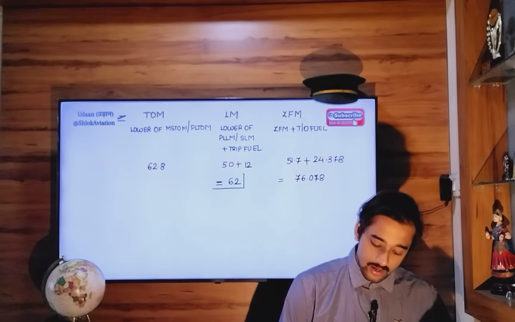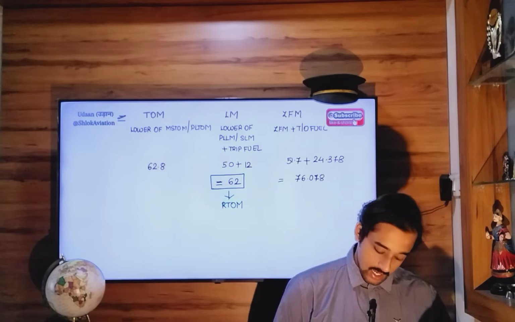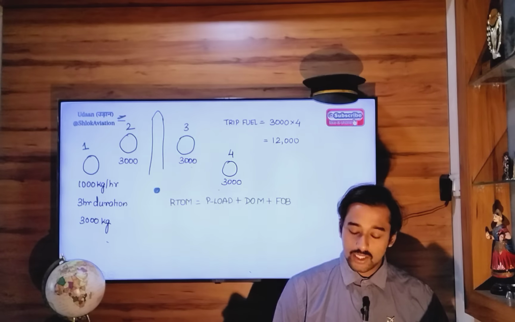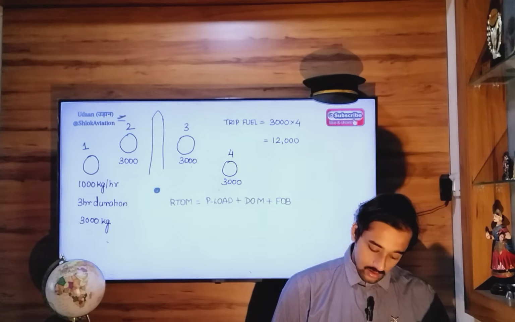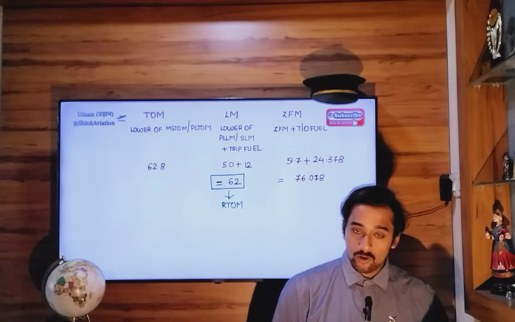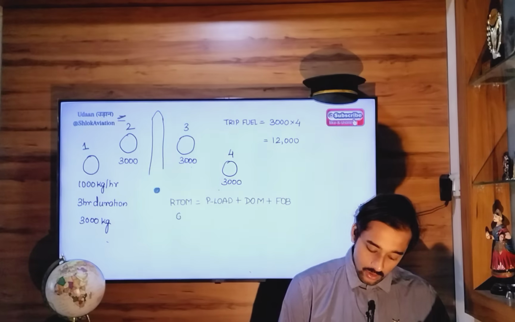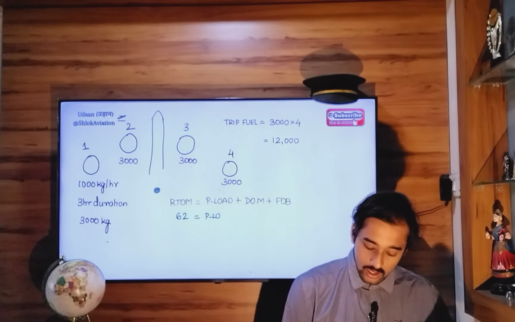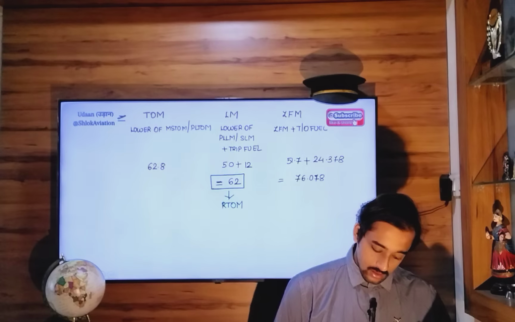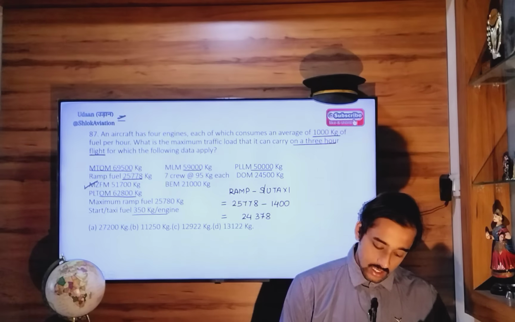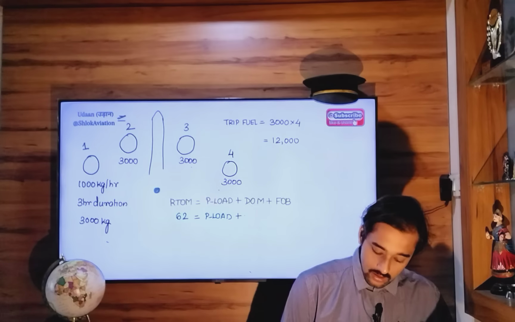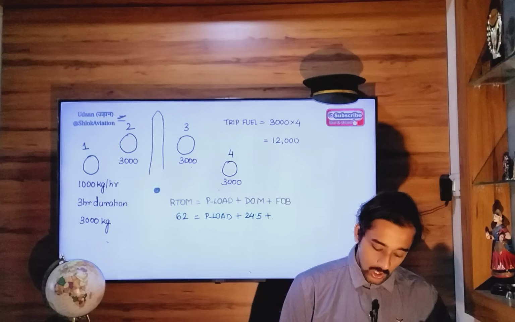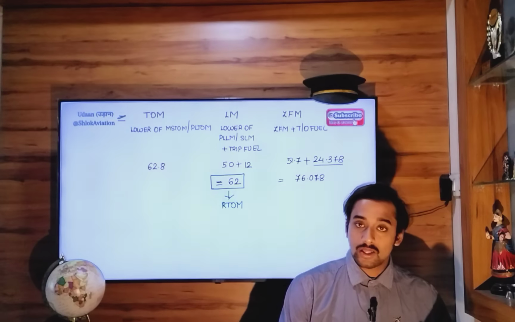Now out of these three values, 62 is the lowest value, and this becomes the regulated takeoff mass. Using the formula regulated takeoff mass equals payload plus DOM plus fuel on board, we will find the payload value. Regulated takeoff mass 62, payload unknown, dry operating mass is 24,500, so 24.5. Fuel on board is 24.378.